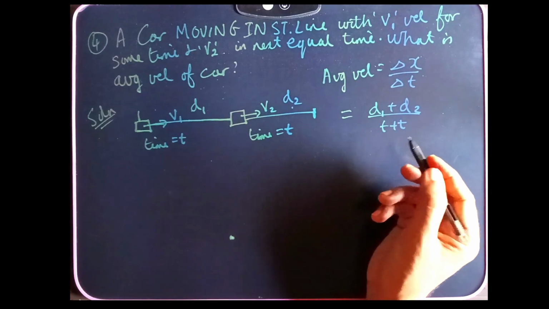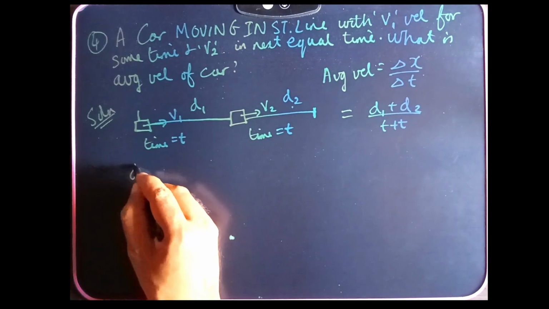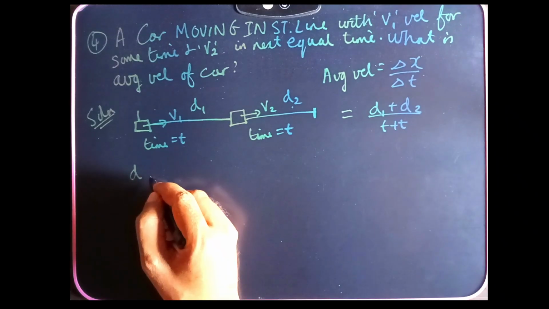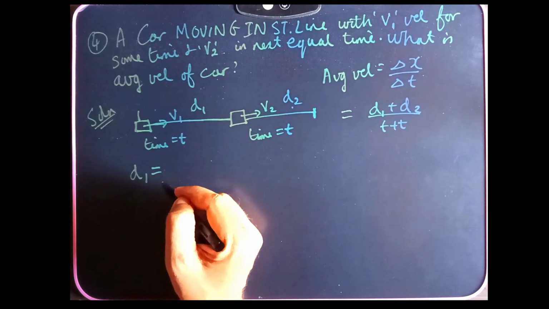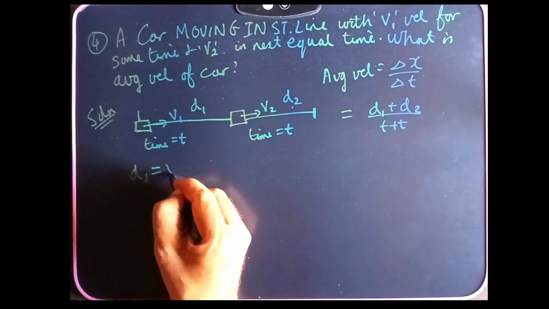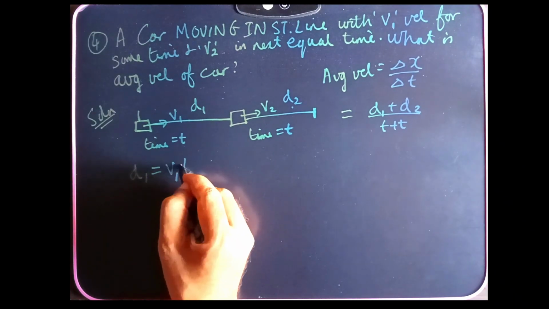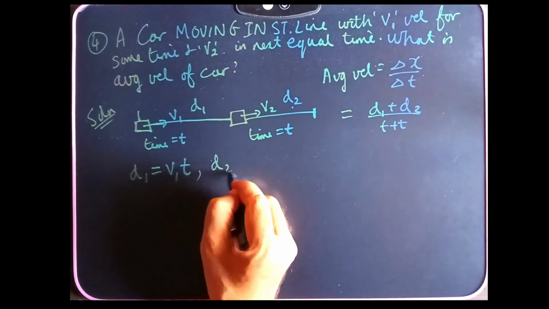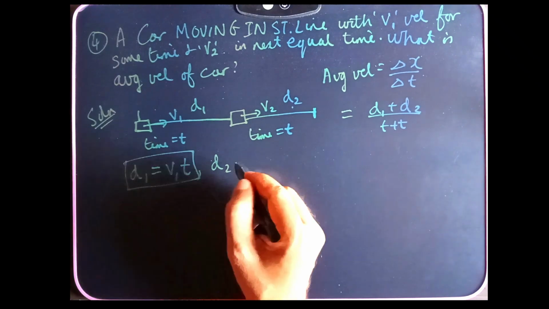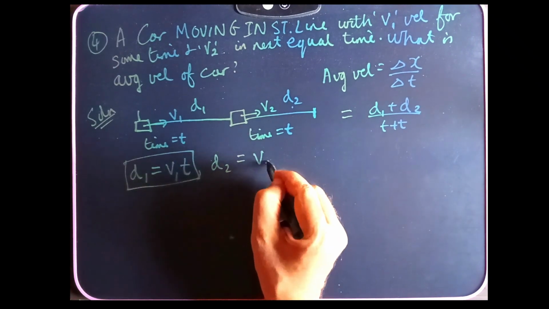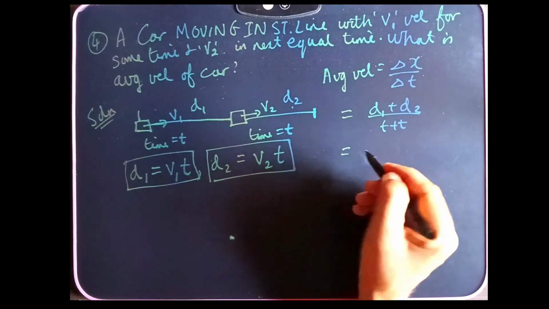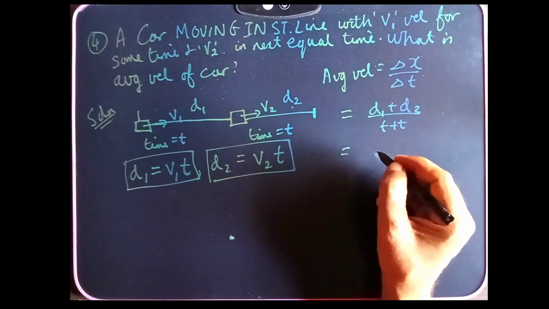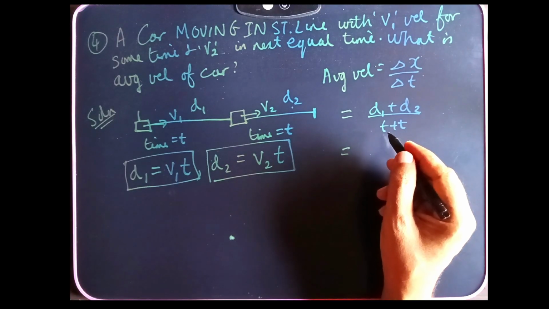Now what are d1 and d2? Displacement is velocity into time, so d1 is v1 into t, and d2 is velocity v2 into t, and the time period is the same.